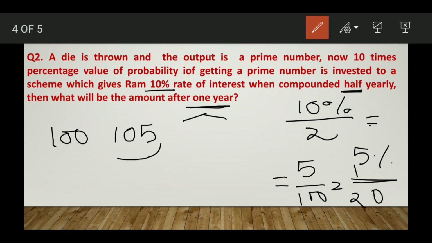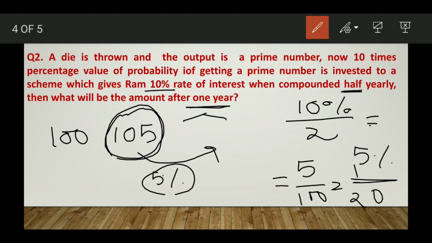Now this 105 will act as our principal, and the 5% interest will act on this. So after that we will be getting some amount.